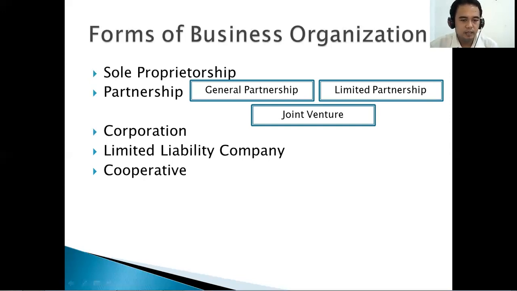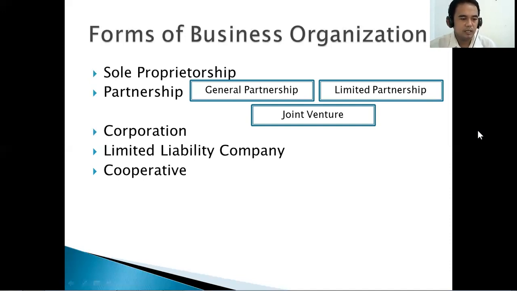And the other type or form of business organization is the limited liability company. What is this? It is a hybrid form of business that has characteristics of both a corporation and a partnership. A limited liability company is not incorporated, hence it is not considered a corporation, but the owners enjoy limited liability like a corporation.